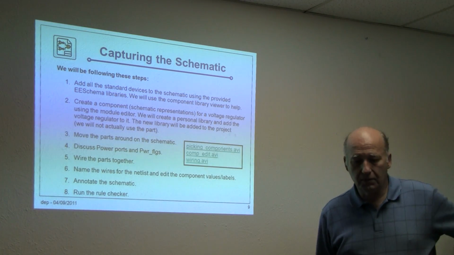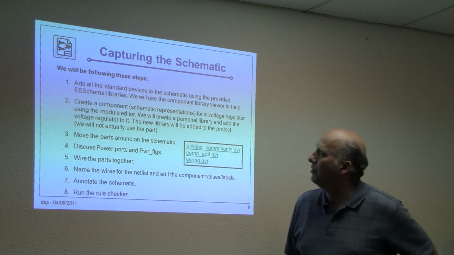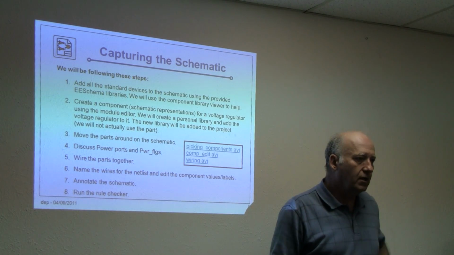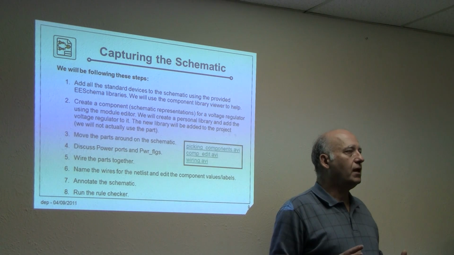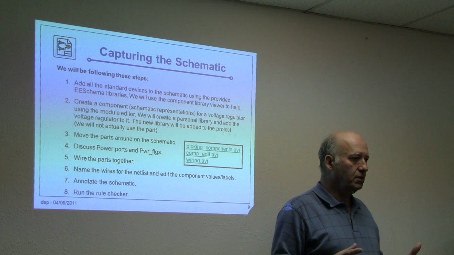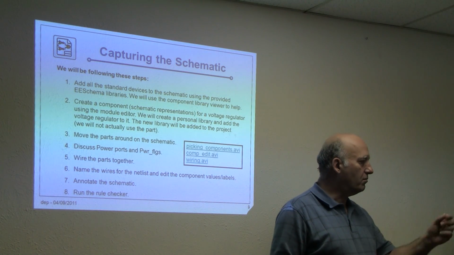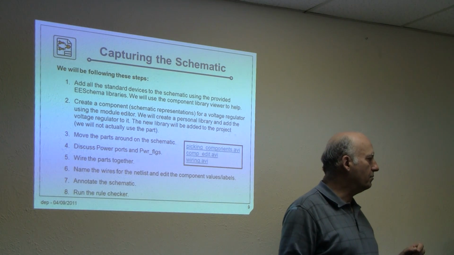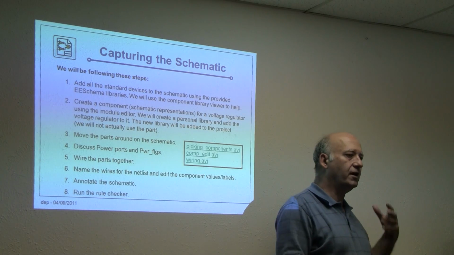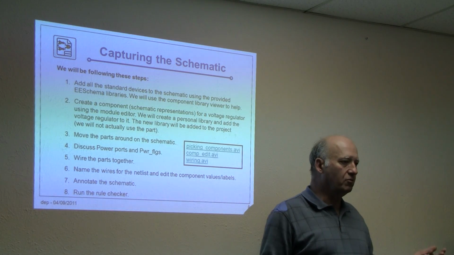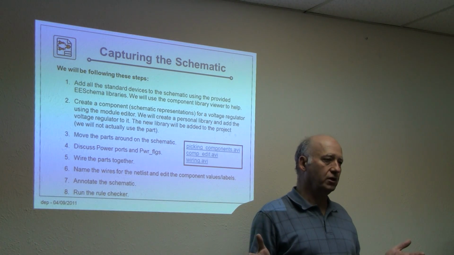Okay, now, next we're going to be talking about capturing the actual schematic. Now, in general, you've got to have kind of an idea of what you want to do. And in the ideal world, you probably roughed it out on a piece of paper. You might not have all of the bypass capacitors, you might not have everything just the way you want, but you kind of got an idea of where you want to go.